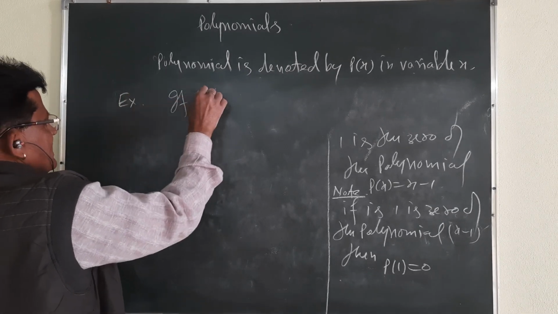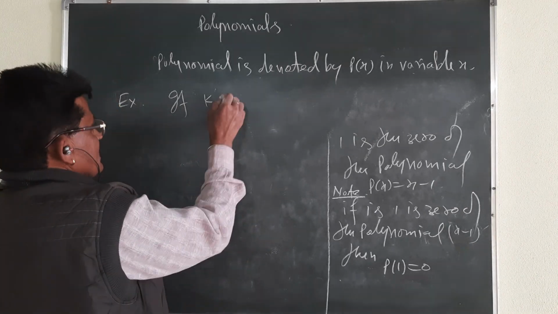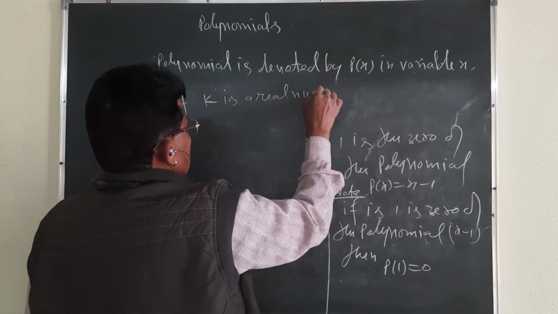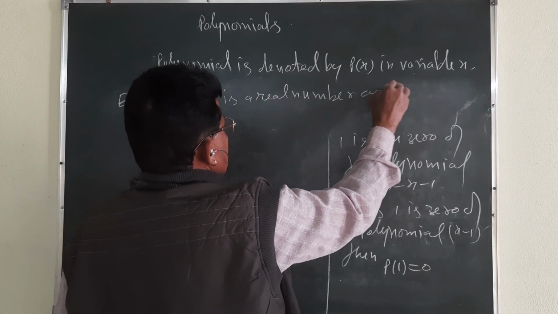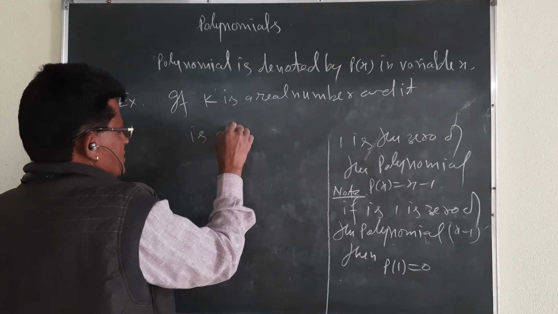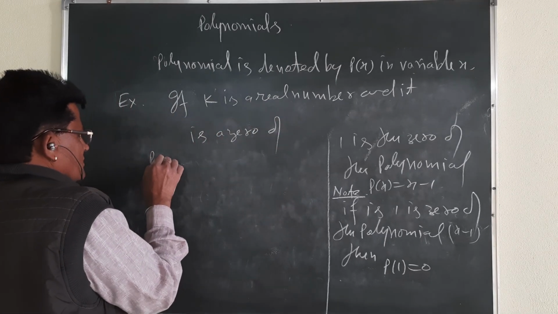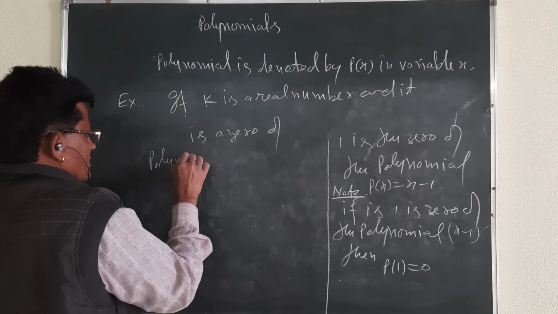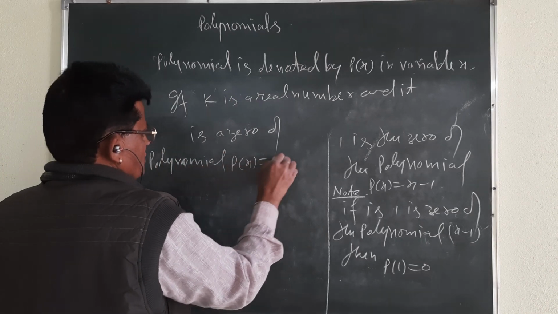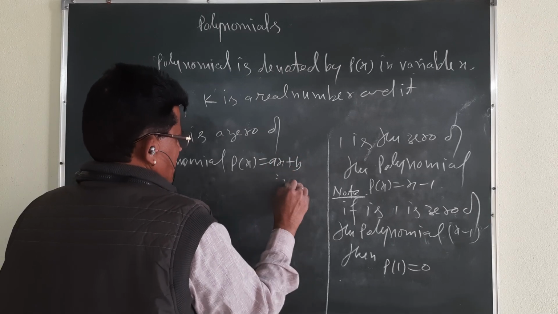If k is a real number, and it is a zero of the polynomial. What polynomial? I am taking the standard form of it. P(x) will be equal to ax plus b, where a does not equal 0.